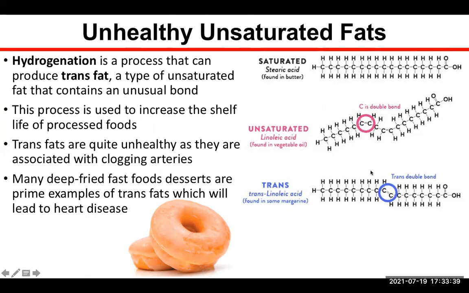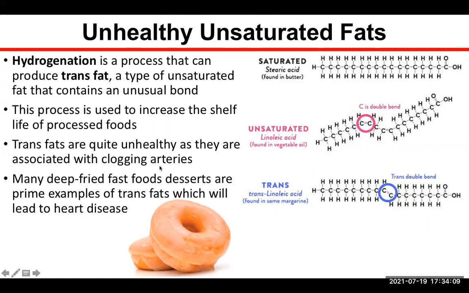Basically, what companies will do is they'll hydrogenate some of these fats. And basically what ends up happening is it ends up changing the structure of the fat. And the whole point of hydrogenating some of these foods is to increase the shelf life of the processed foods. And so, the more processed the things are, the worse they are for our body.